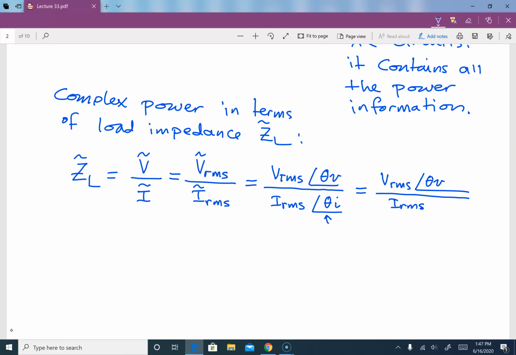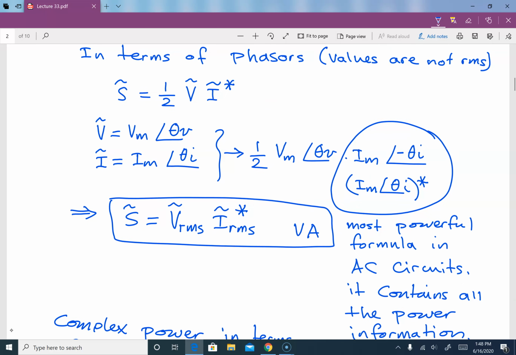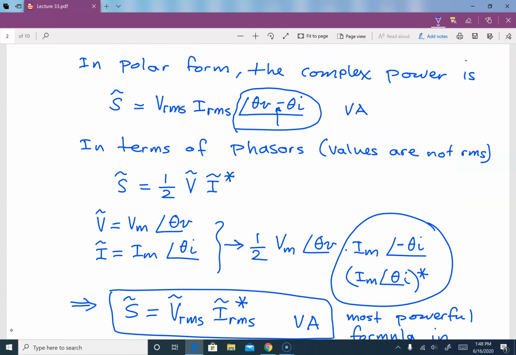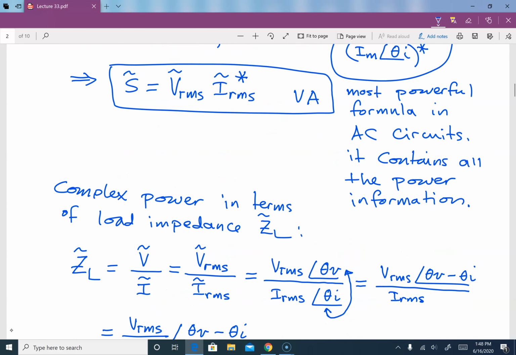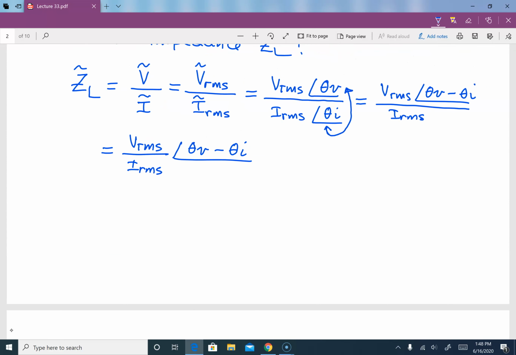However, when we bring theta I to the top, we have to flip the sign, so minus theta I. That means our ZL is equal to VRMS over IRMS with angle theta V minus theta I. So if you look at this, the theta V minus theta I for the load impedance is the same as the angle for the complex power for that load, theta V minus theta I. Okay, so that is in ohm.